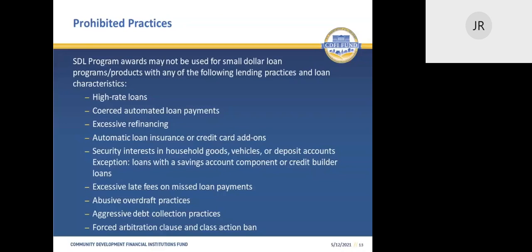And they include high-rate loans, coerced automatic loan repayments, excessive refinancing, automatic loan insurance or credit card add-ons, security interest in household goods, vehicles, or deposit accounts. There is an exception, and that includes loans with a savings account component or credit builder loans.